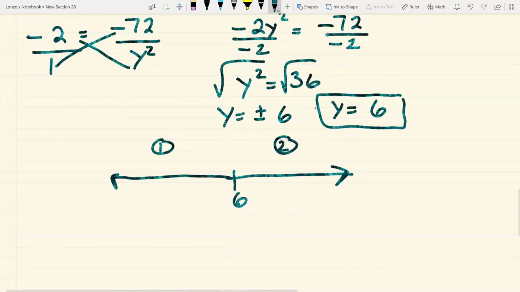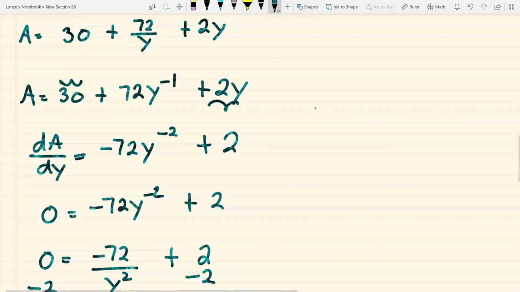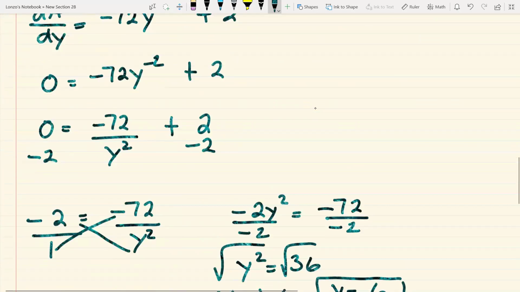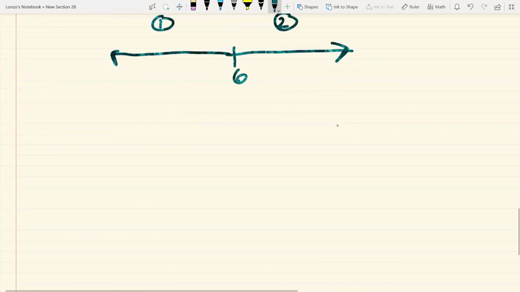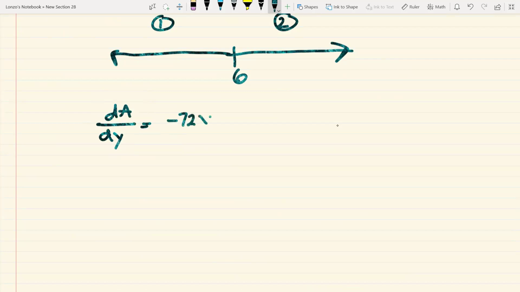And we're going to plug it back into dA dy, right? So dA dy is negative 72y to the negative 2 plus 2.